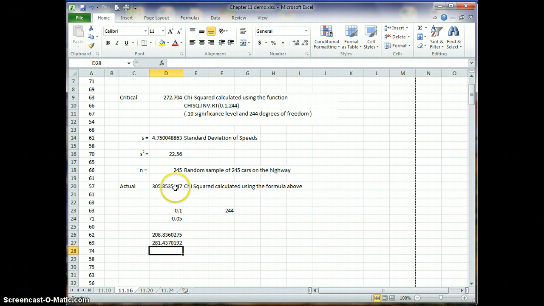With a chi-square actual of 305, we would conclude that that is not equal to 18. If we got a result somewhere between 209 and 281, we would say that there would be enough evidence to infer that it is equal to 18.